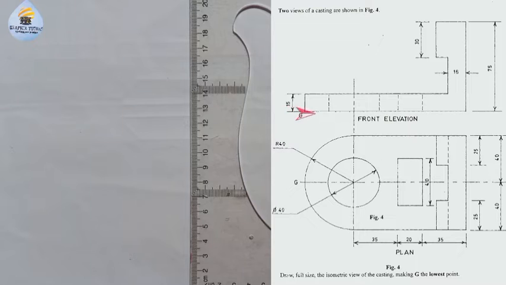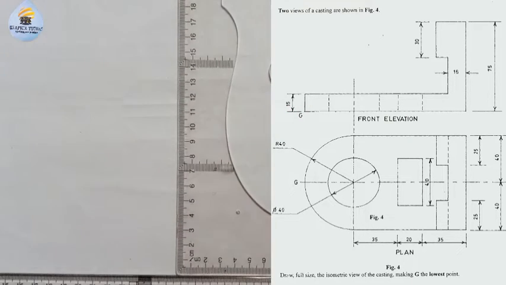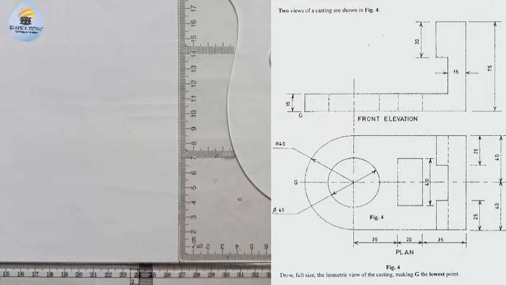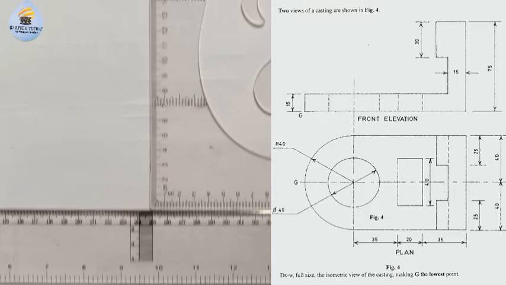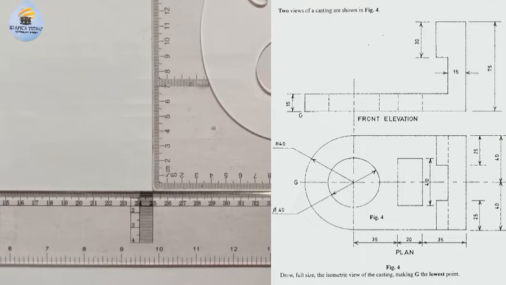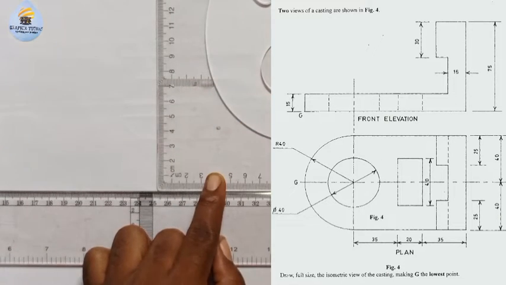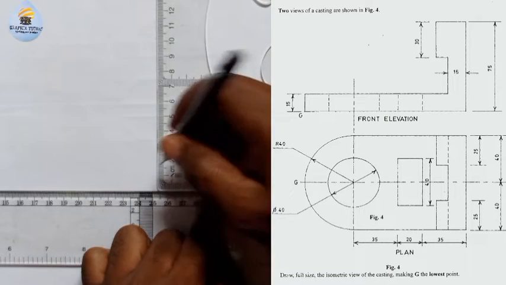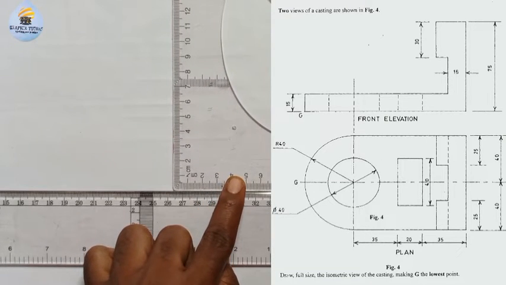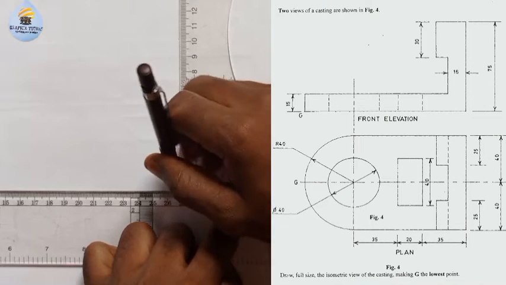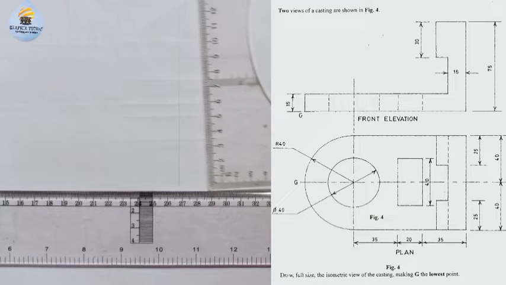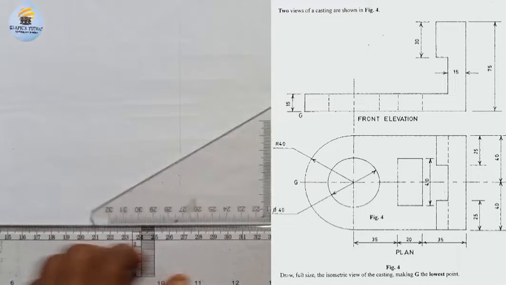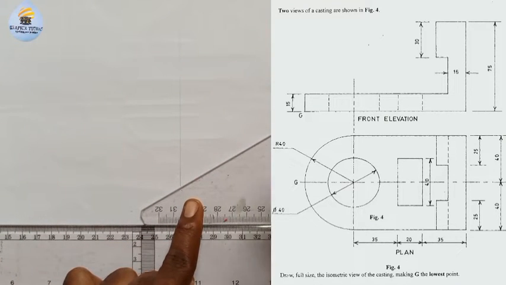Since we are drawing isometric, the first thing you should do is to draw your isometric axis. So if I take my T-square, I will draw my axis in this manner: the vertical, and the x and z axes.